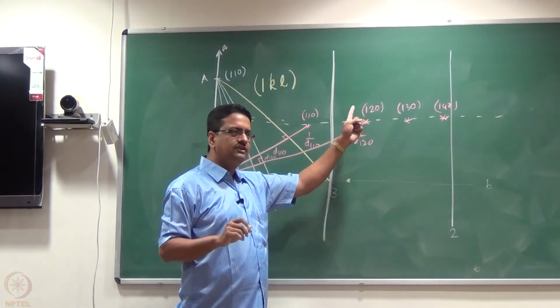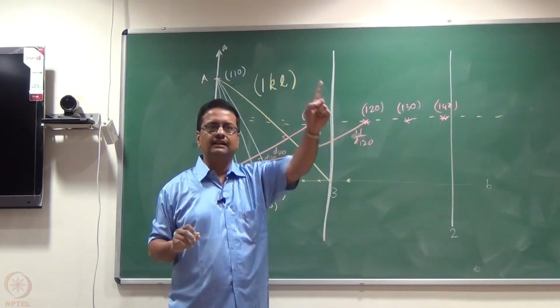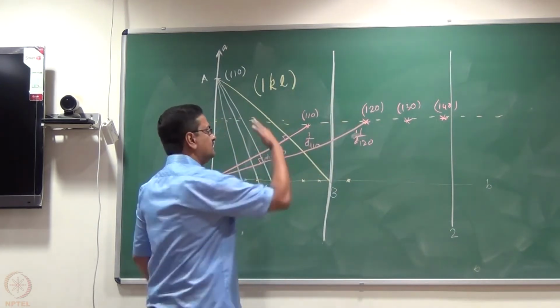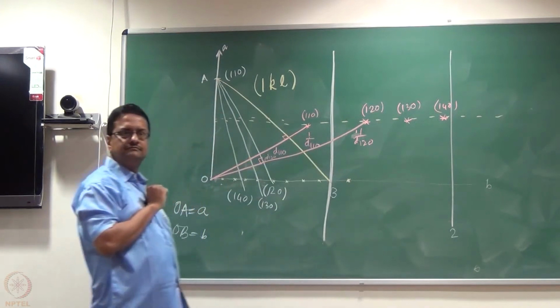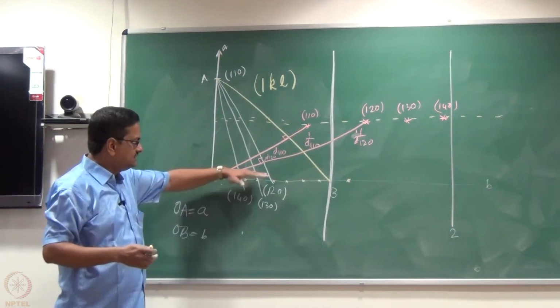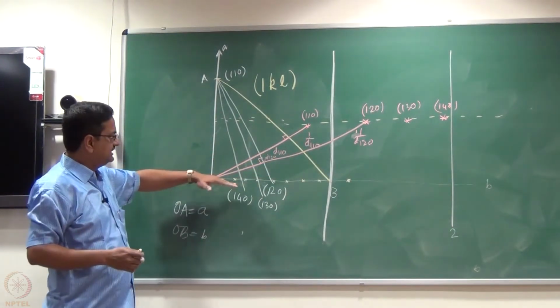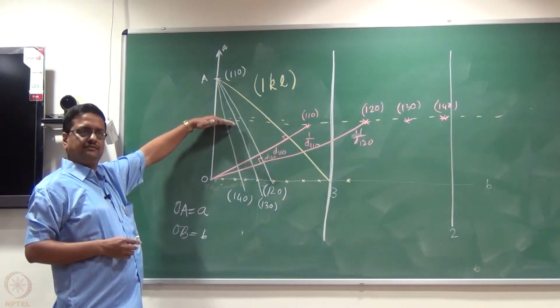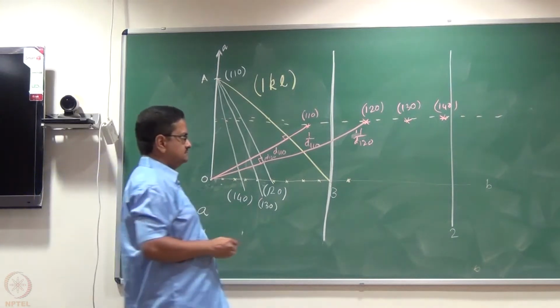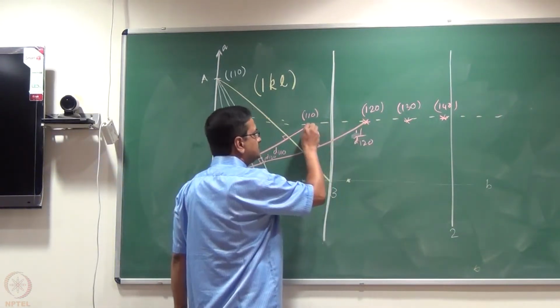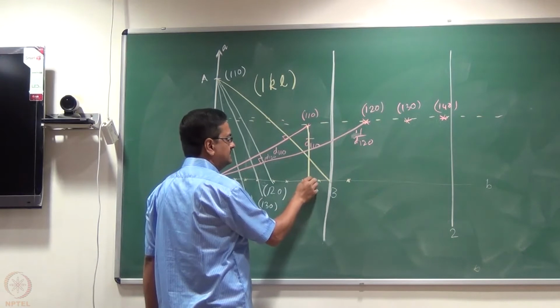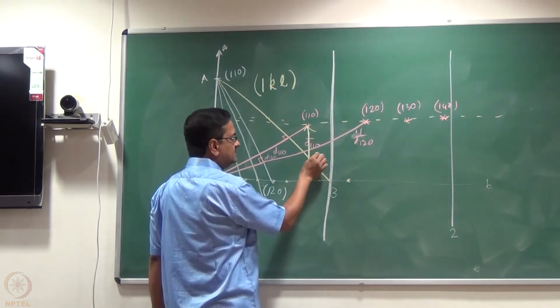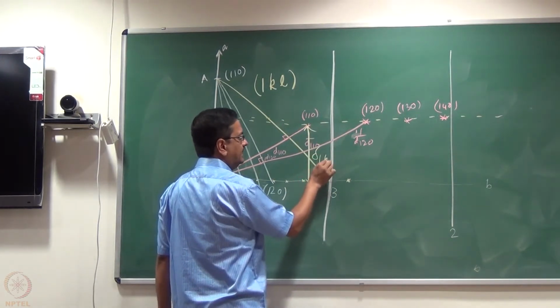Similarly here 1, 2, 0, 1, 2, 1, 1, 2, 2, 1, 2, 3 like that it will go, depending on how this plane is tilted. So in this direction, this plane you have a set of reciprocal lattice points. Here you have a set of reciprocal lattice points. Suppose from here to there, I say the distance is delta 1kl.